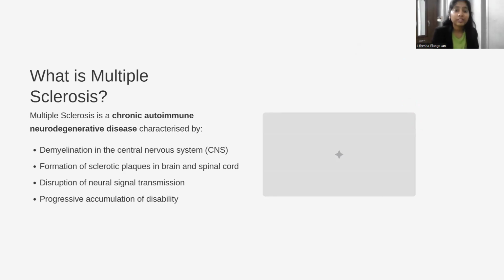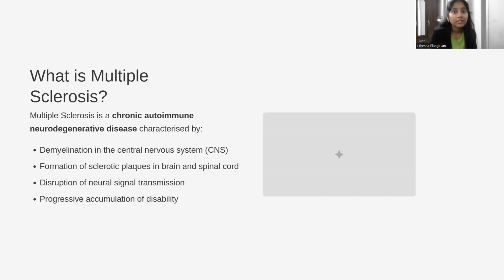Neurodegenerative because it causes degeneration of nerve cells, and a lot of inflammation, scars and lesions, which we will look at. So it's characterized by demyelination in the central nervous system. Demyelination, which we will look at more later on, is where the myelin sheath that covers the axons of neurons is destroyed. This results in the formation of sclerotic plaques, which you can also call lesions, visible on the MRI of the brain when you take the scan, as well as on the spinal cord.